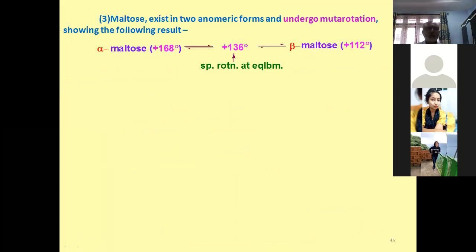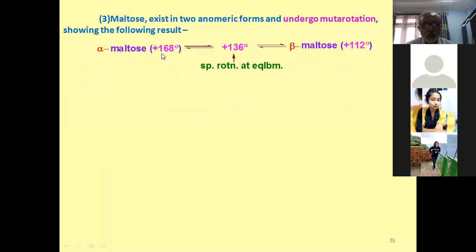Another piece of information: maltose exists in 2 anomeric forms and undergoes mutarotation, showing the following result. We have 2 maltoses. One is alpha maltose, whose specific rotation is plus 168, and another is beta maltose, whose specific rotation is plus 112. Undergoing mutarotation means that in solution the specific rotation changes.